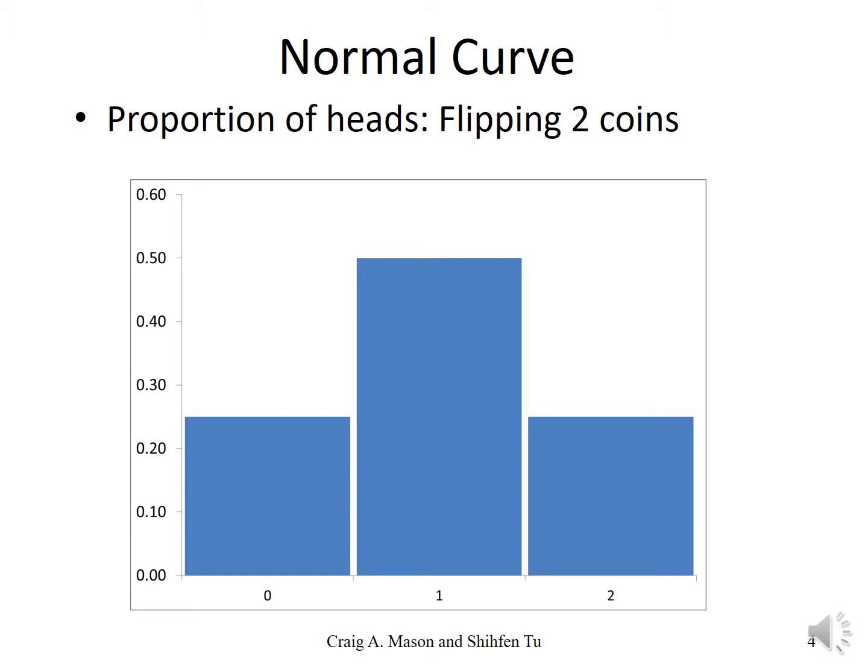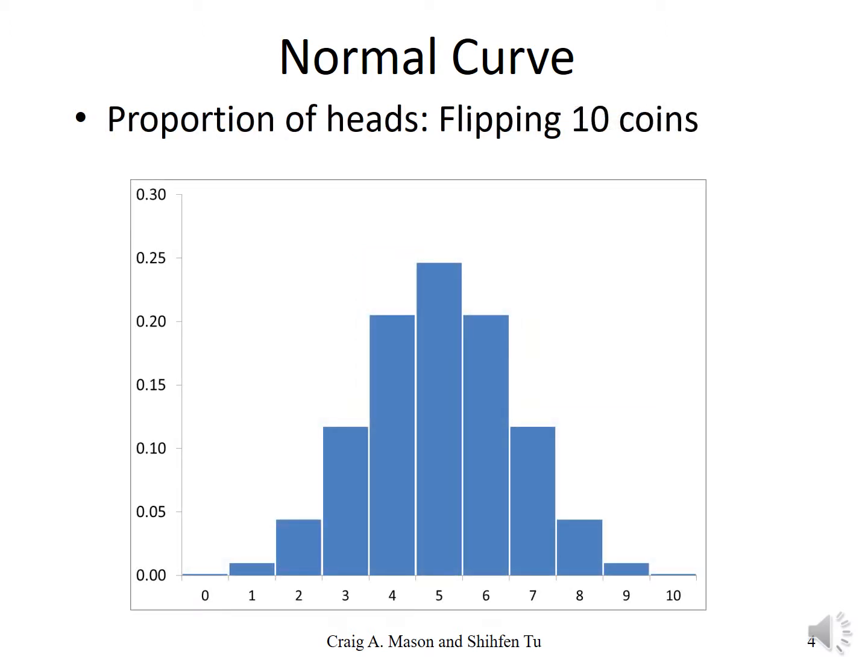What if we flipped 10 coins over and over and over again? Flipping 10 coins, we see more of a shape to the distribution because now we have 11 possible outcomes ranging from 0 heads to all 10 coins being heads.